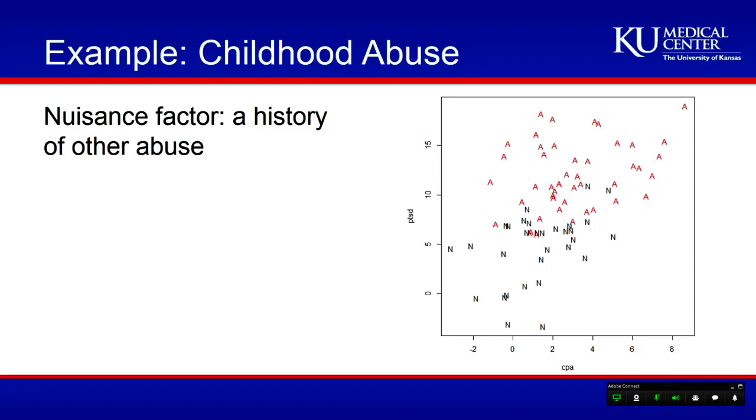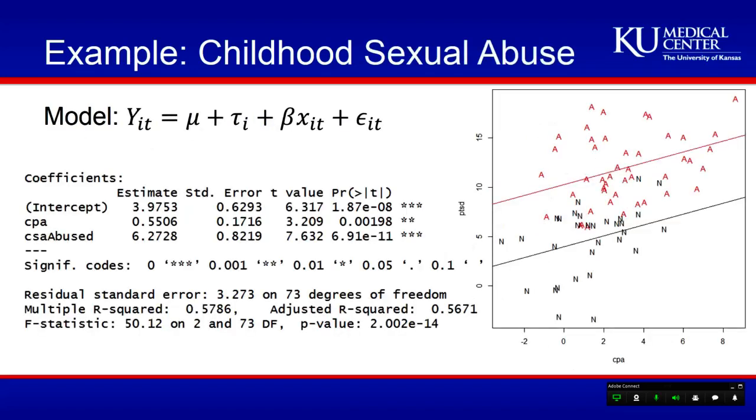So it's important to control for this nuisance factor in any comparison of these two groups as visualized here on screen. So this is just an analysis of covariance. I'm really interested in the average PTSD levels in the two groups, the red and the black here, the abused and non-abused. But I need to account for the increasing PTSD levels that we see as a function of increasing physical abuse, the nuisance factor.